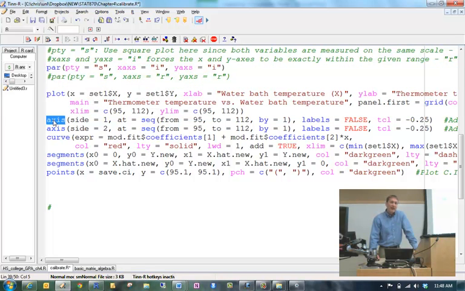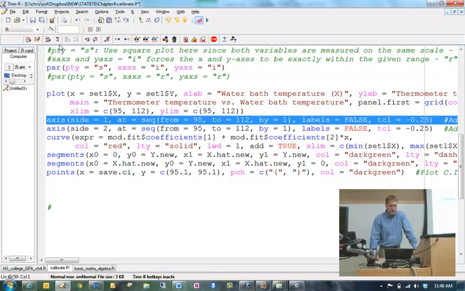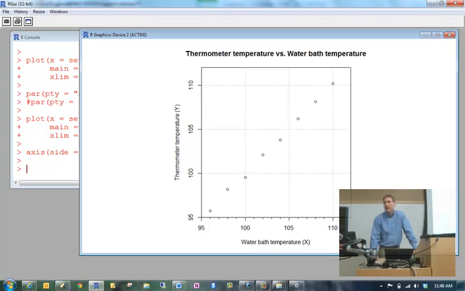We can use the axis function to do this. side equal 1 corresponds to the lower x-axis. I want to draw tick marks at 95 to 112 by 1. I do not need labels there. I want the lines to extend 0.25 inches down. So let me show you what happens when I run that. Now you see the little tick marks. And especially in a case like this, it helps you read the graph a little bit better.